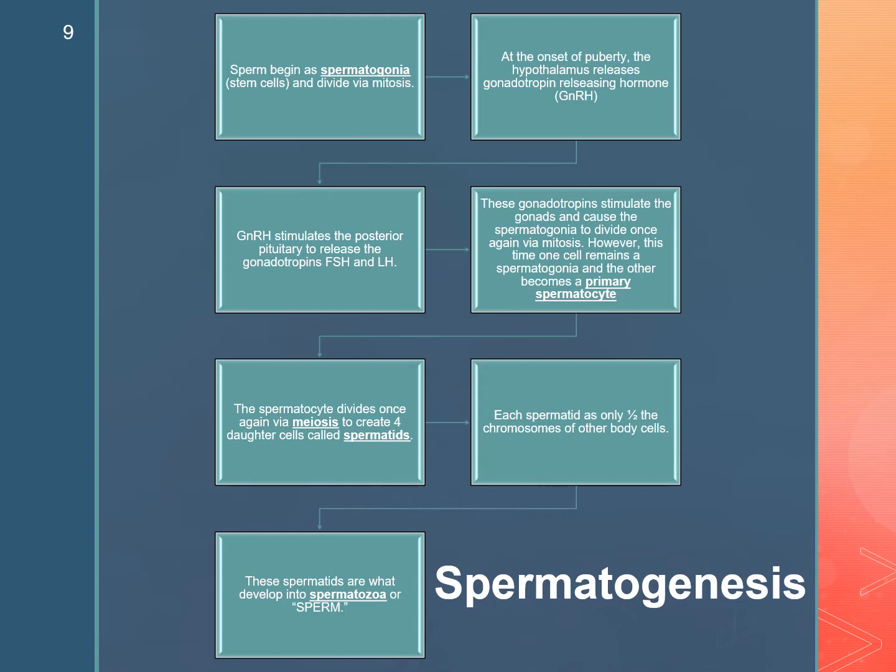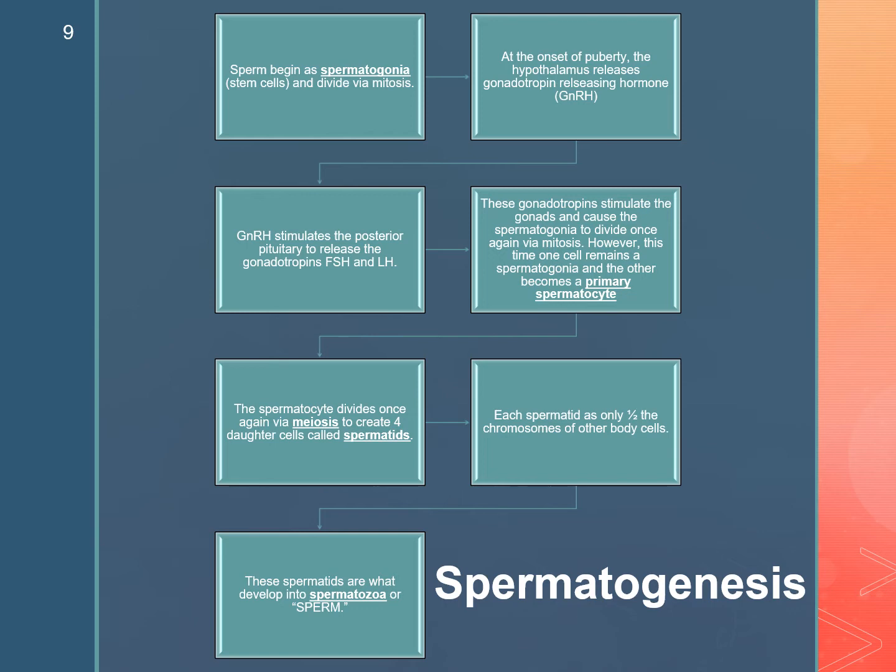The hypothalamus starts this whole process in motion by releasing something called gonadotropin releasing hormone, or GnRH. And this hormone is going to send a chemical communication to the posterior portion of the pituitary, and it's going to tell it to release 2 other hormones, or gonadotropins. And these are exactly the same for male and female, so you'll hear them again when we talk about the female reproductive system.